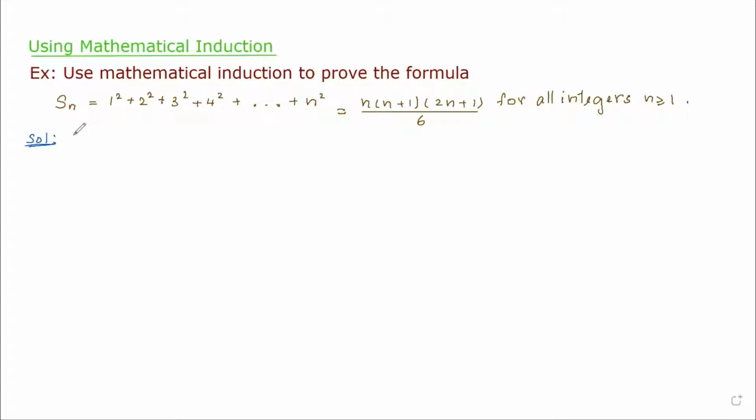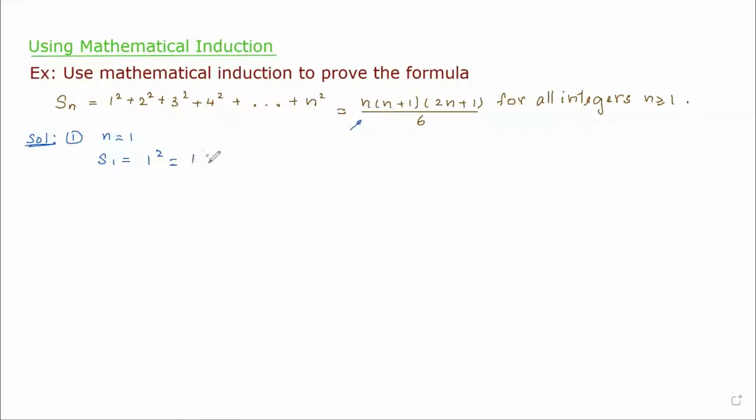The first one, we let n equal to 1. We have to prove the formula is valid, right? So you replace S with S1, equal to this one. Wherever you have n here, it becomes 1 square. And at the same time, you replace n in here too, n equal to 1.